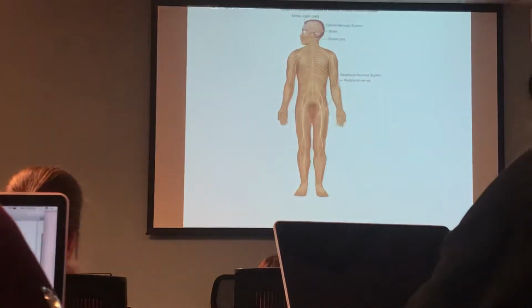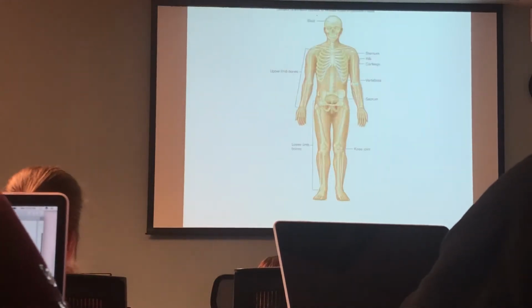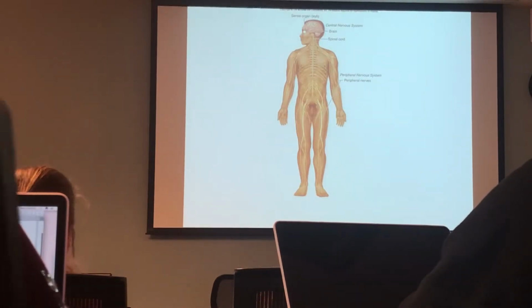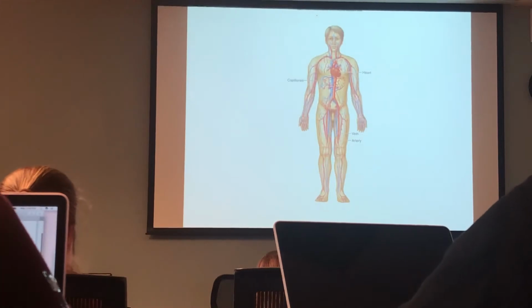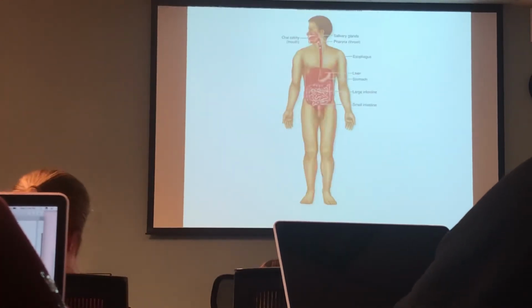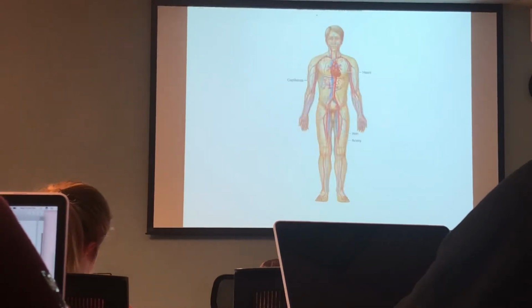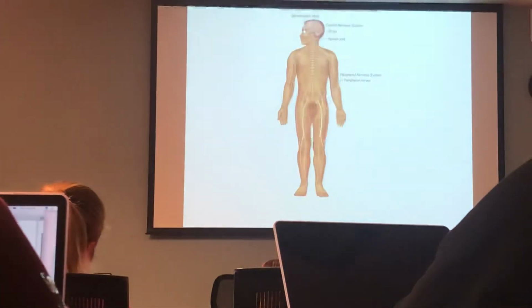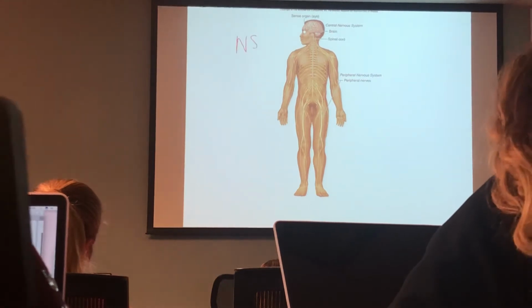Now, the next slides, folks, are just going to give you a little insight into some of the systems, especially samples of some systems here. So, for example, you have the nervous system. That's going to be the focus point for this course, obviously.